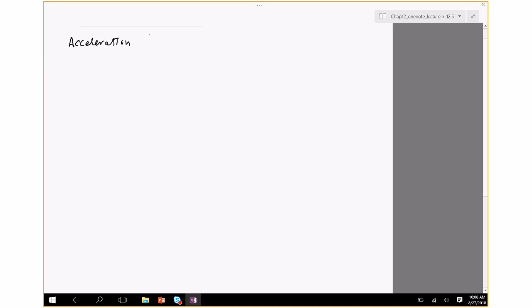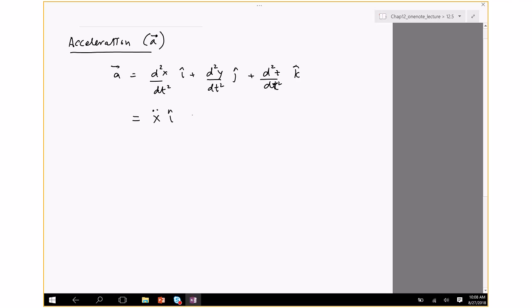Acceleration is d square x dt square i plus d square y dt square j plus d square z dt square k, which in shorthand notation is x double dot i plus y double dot j plus z double dot k.